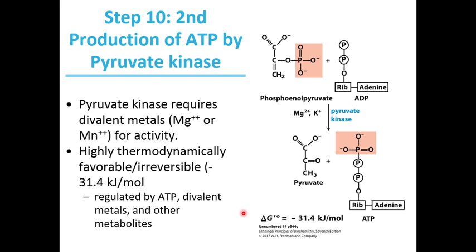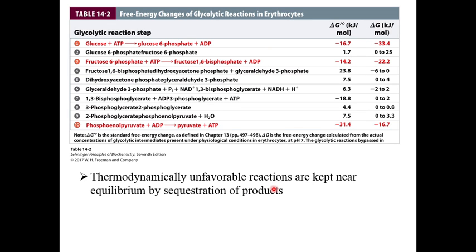This slide shows the free energy changes of glycolytic reactions in erythrocytes. Thermodynamically unfavorable reactions are kept near equilibrium by sequestration of products. Overall process is driven by three highly favorable reactions. These reactions are highly regulated, and these three reactions are shown in red: the first step, the third step, and the 10th step.